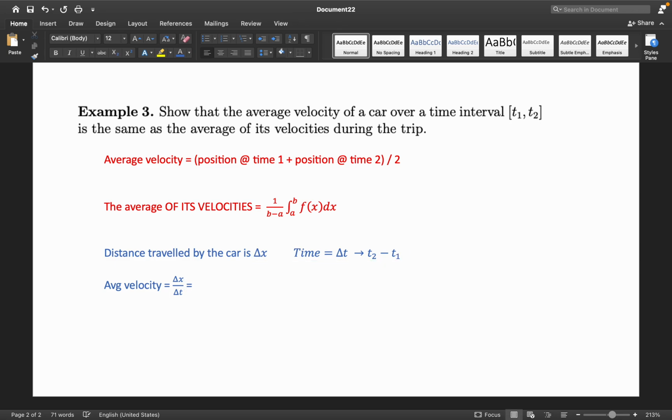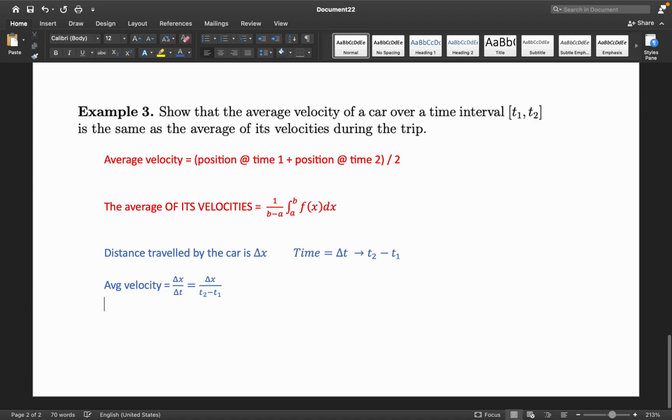So this is the same as delta x over t2 minus t1. So that's if I wanted the average velocity.